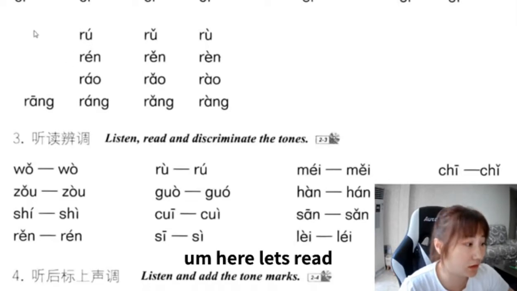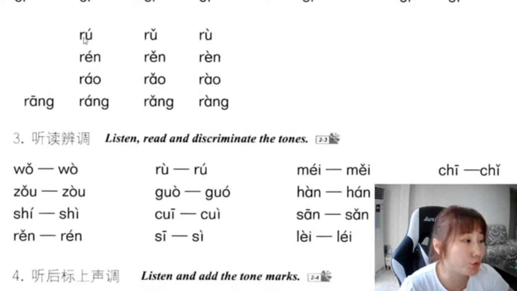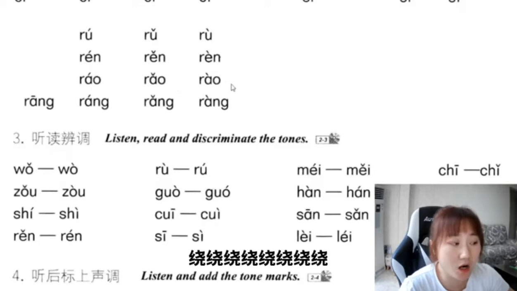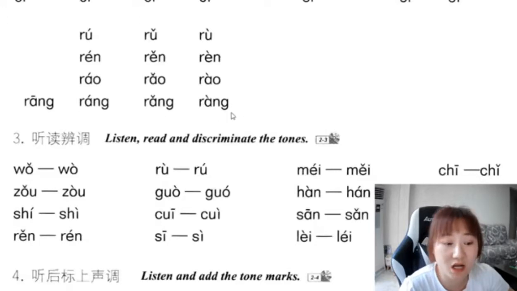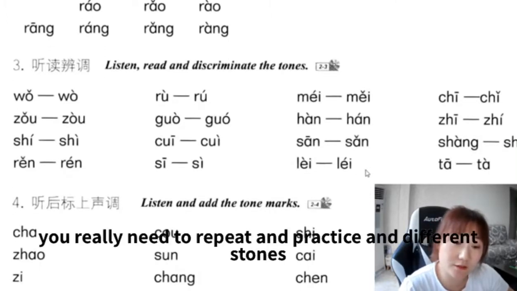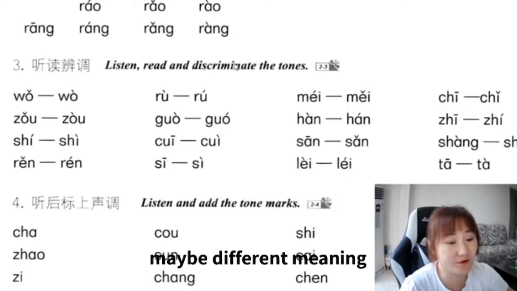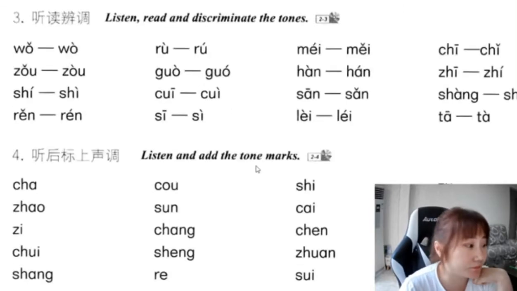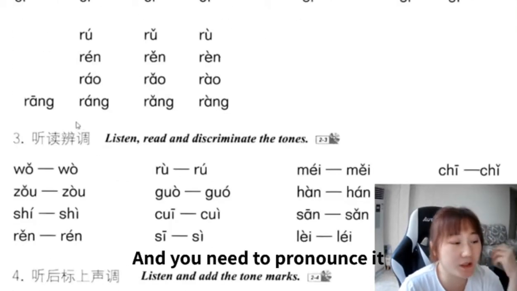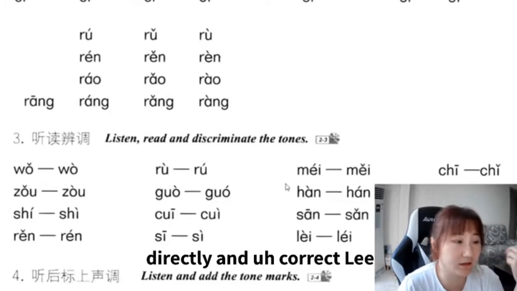Let's read again. 如,辱,入,人,忍,任,饶,扰,绕,嚷,让。After class, you really need to repeat and practice. And different tones mean maybe different meanings, and you need to pronounce it directly and correctly.